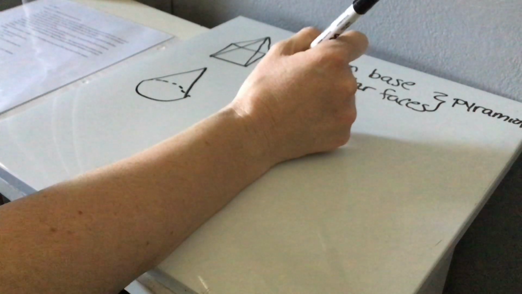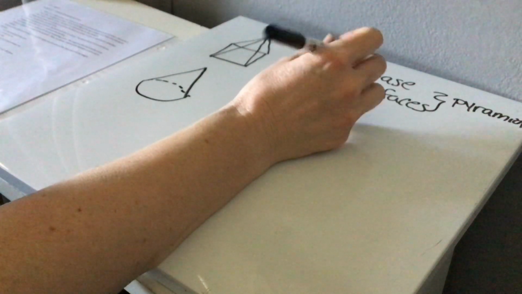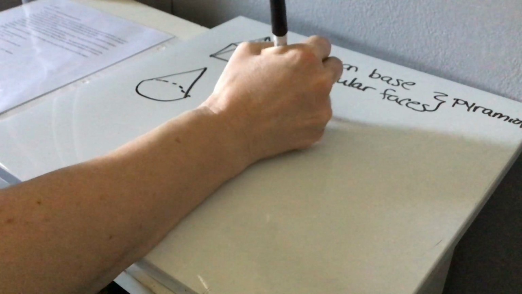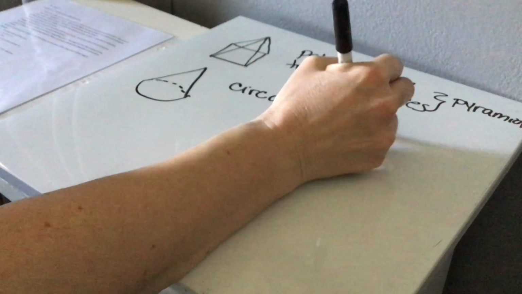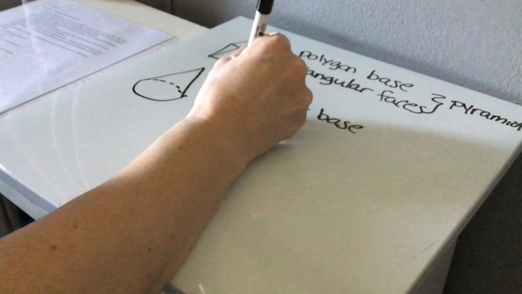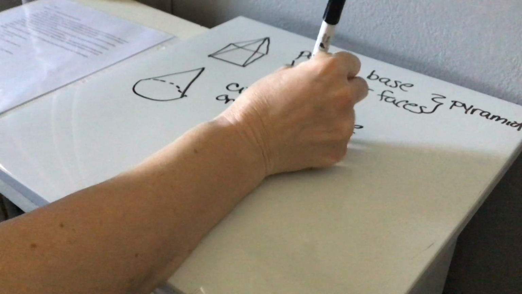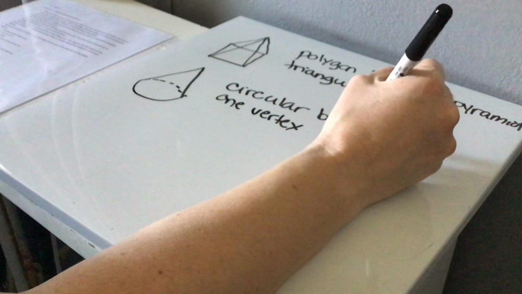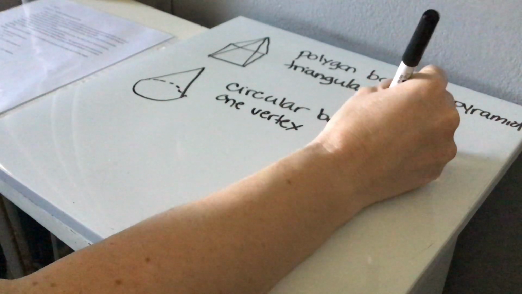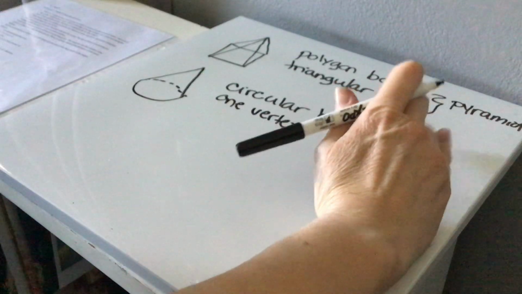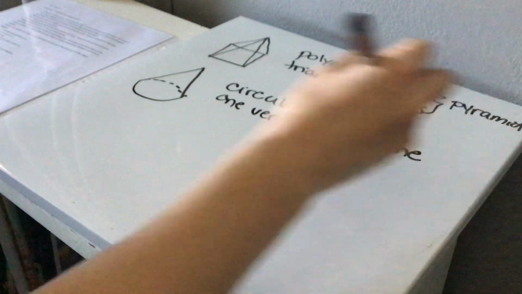A cone is a geometric solid that has a circular base and one vertex. We can't really say that it has a face because if you think of an ice cream cone, it's not really flat faces, okay? So it just comes to a single vertex. And that's what we have for a cone.